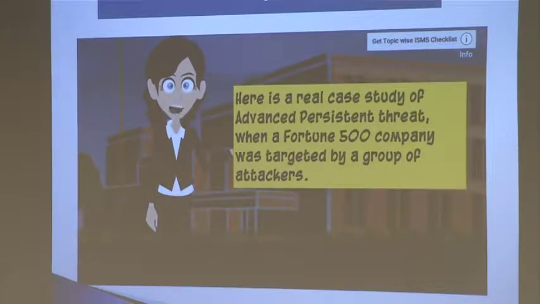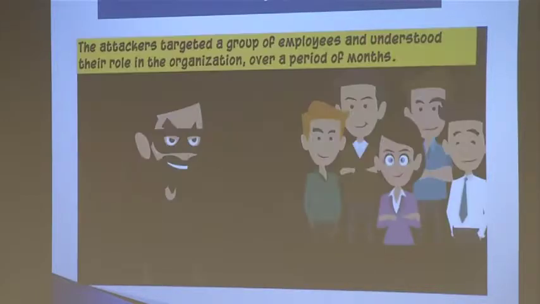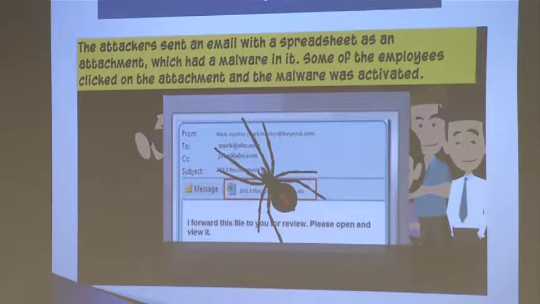Here is a real case study of advanced persistent threat, when a Fortune 500 company was targeted by a group of attackers. The attackers targeted a group of employees and understood their role in the organization over a period of months. The attackers sent an email with a spreadsheet as an attachment, which had malware in it. Some of the employees clicked on the attachment and the malware was activated.